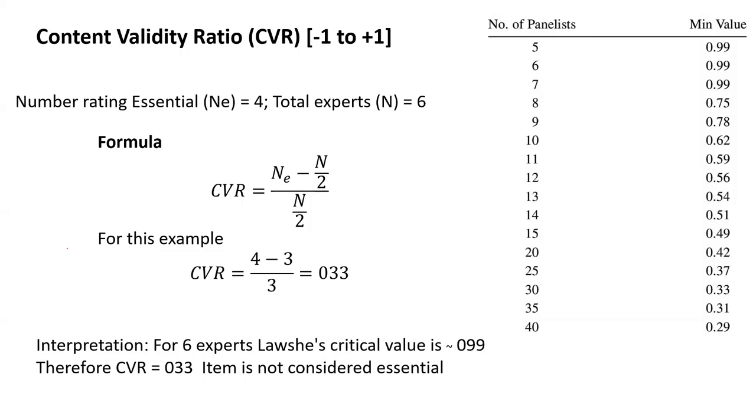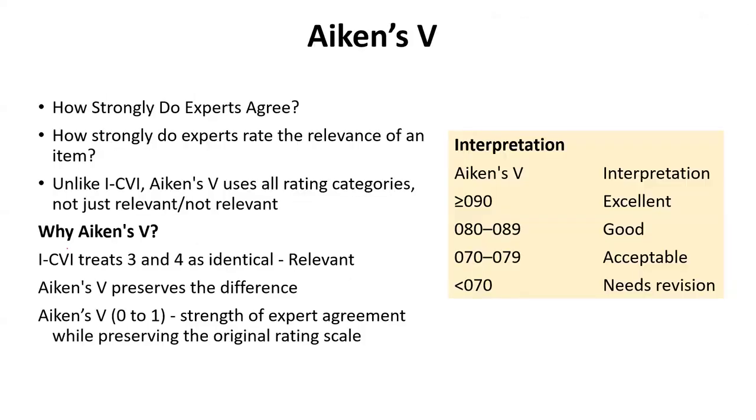So I'm hoping that you're understanding the different indices you have to calculate when you want to report your content validity. Another index is the I-CVI, the item content validity index. Now here we want to assess how strongly the experts agree. So instead of converting the four options which are there on the Likert scale into two, you retain them as the four options.